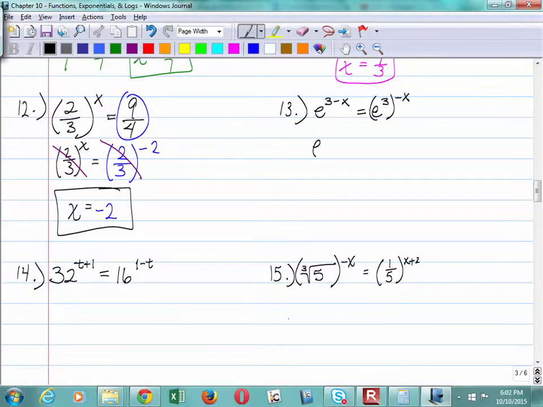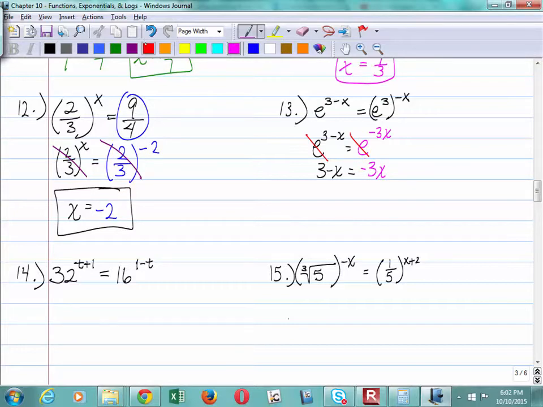Bring down e to the power of 3 minus x equals, and then if you have an exponent raised to another exponent, you multiply the exponents. So this would be e to the power of -3x, and then you would just cancel out the e's. So then you would have 3 minus x equals -3x.